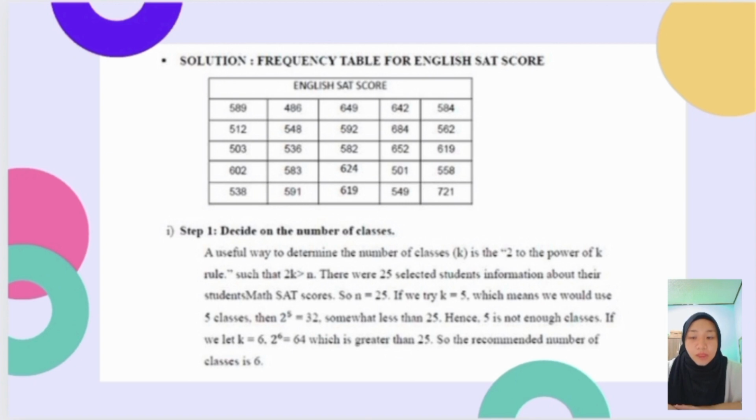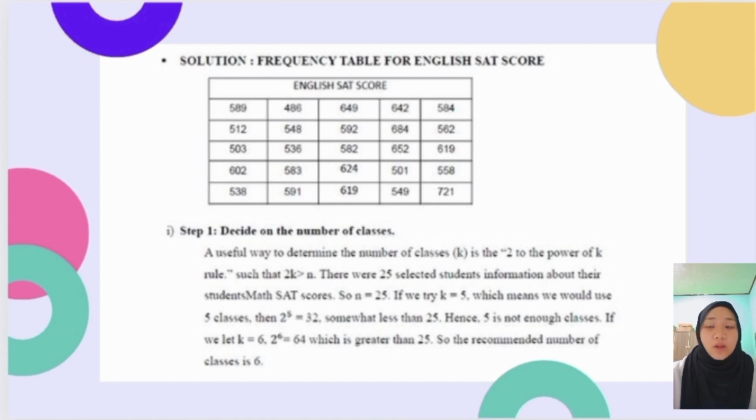The upper limits of the other classes are 578 plus 27 equals 605, 605 plus 27 equals 632, and so on. The last step is that the cumulative frequency of the last class is equal to the sample size n.